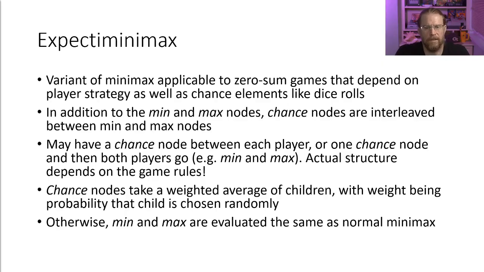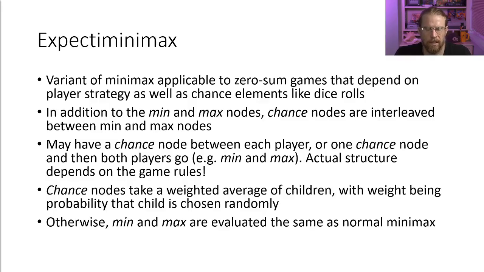This is just a variant where we introduce, as part of the minimizing and maximizing steps, chance nodes that are interleaved between the min and the max nodes. It's going to depend on the game's rules how exactly this tree structure is formed, because you might have the chance nodes between each player, or one chance node and then both players go.